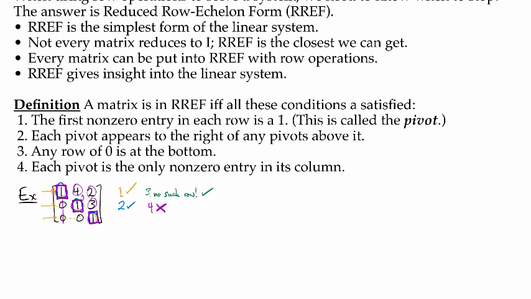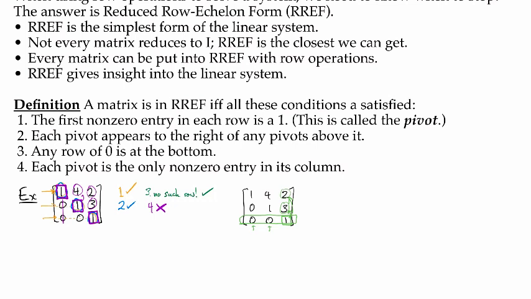So how would we put it in reduced row echelon form? When I see a matrix that looks like this, the first thing that jumps out at me is that this last row is extremely handy because it has zeros everywhere except in one position. That means I can use it to kill off all the entries in the column above it. So this 2 and this 3 are marked for death.